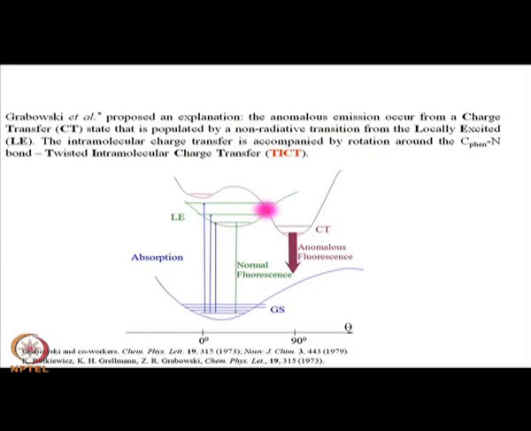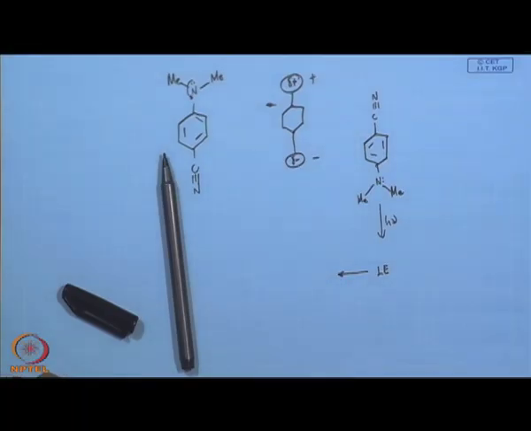So, this is another interesting and important phenomenon which is observed in organic molecules where the donor and acceptor are coupled to each other by chemical linkages, maybe via conjugation, so that transfer of electron takes place from here to here in the excited state, and thereby interesting observations are there.